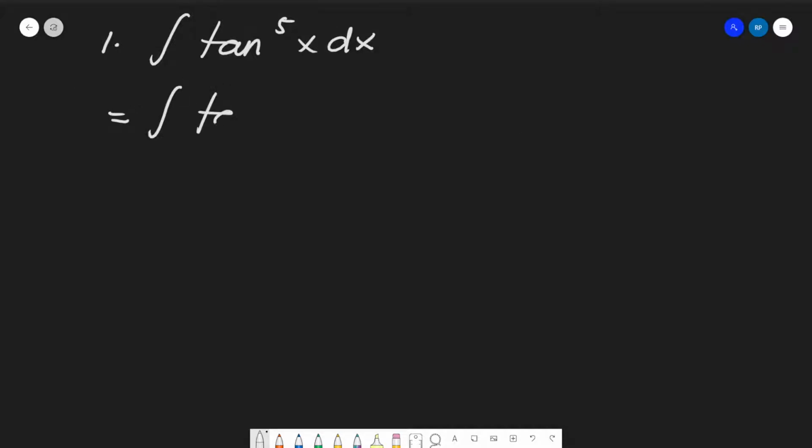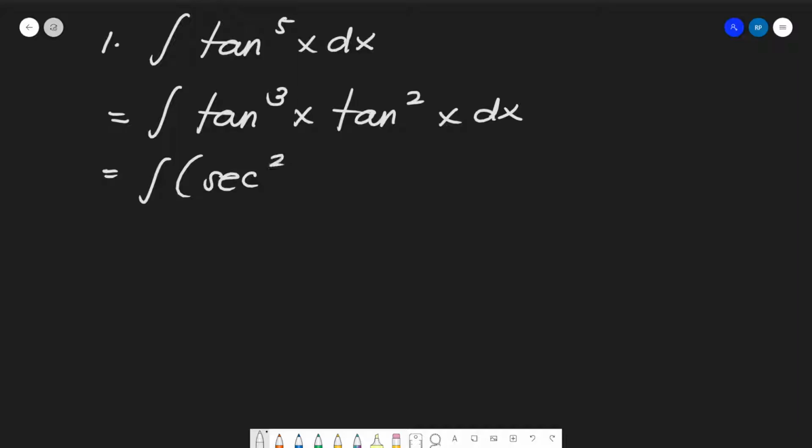We have tangent cube x tangent squared x dx. Okay. Then, papalitan natin yung tangent squared x ng identity natin. So, we have secant squared x minus 1 tangent cube x dx.